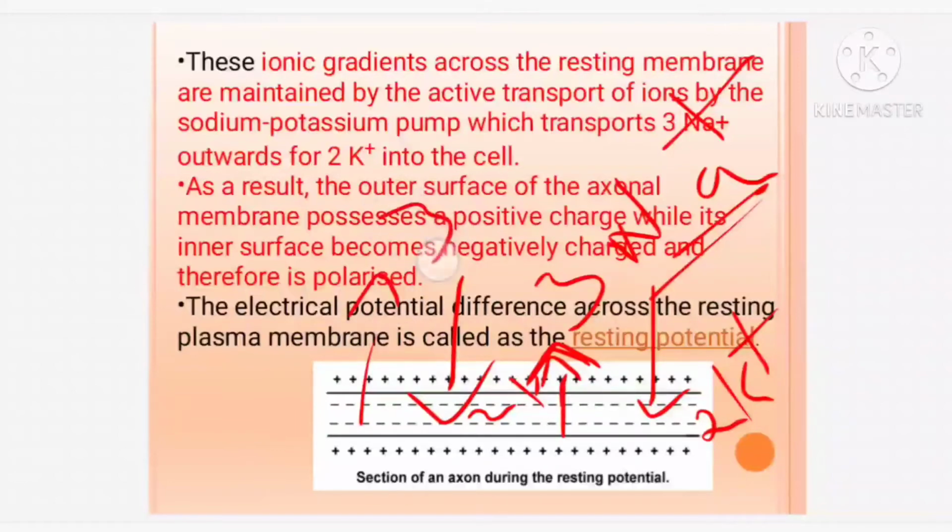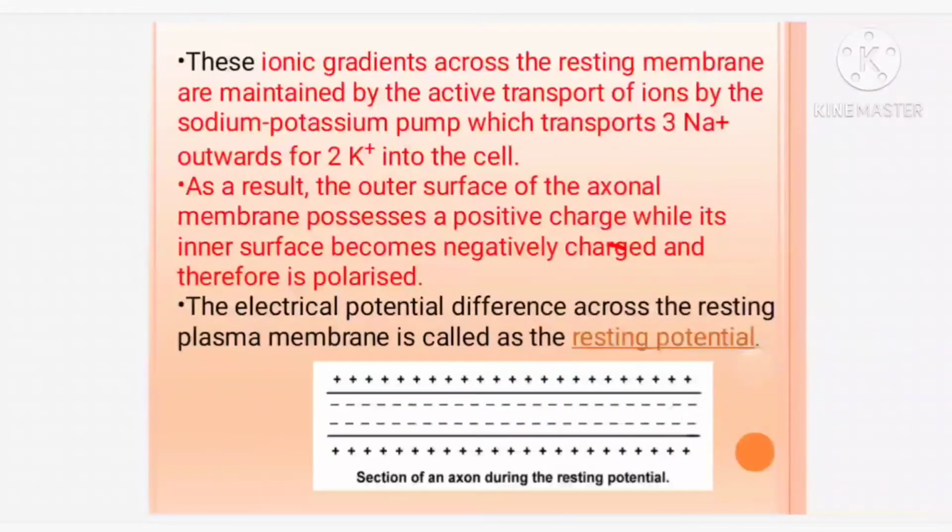So automatically what happens? Outside, the potassium ions are becoming less, but the sodium ions are increasing comparatively more compared to the potassium ions, isn't it? So what happens is that outside, in the resting state, it will be positively charged. Why?